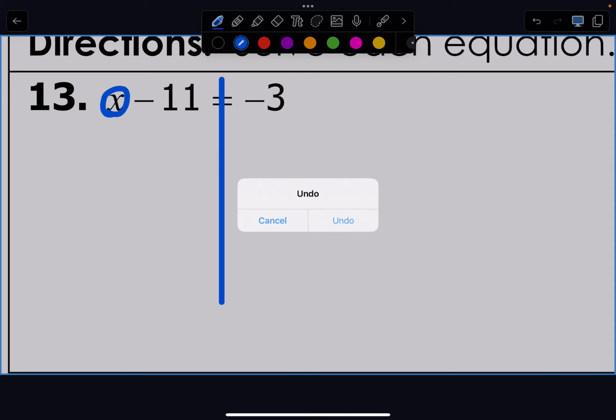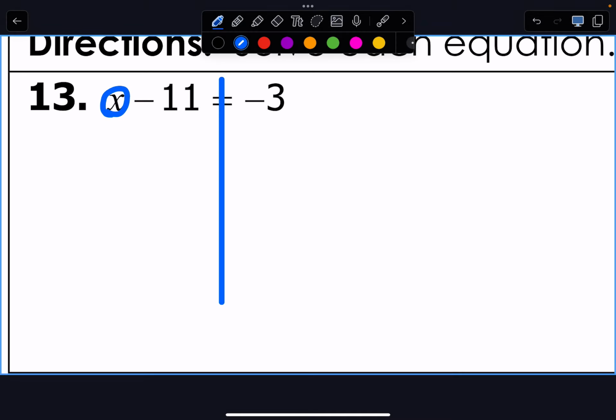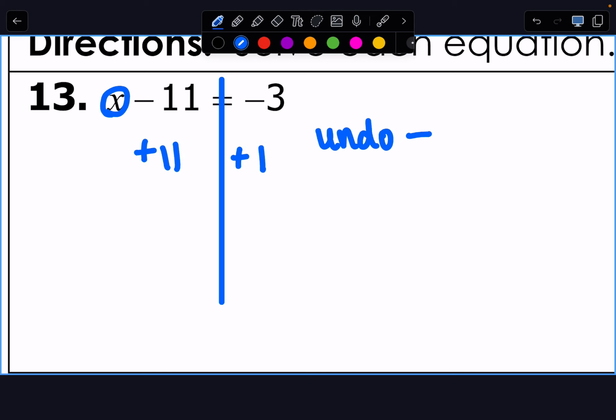How is 11 tied to x? Subtraction. So we need to undo subtraction by adding 11 to both sides. Okay? We're not writing it down. I just want you to listen to me talk through the problem.